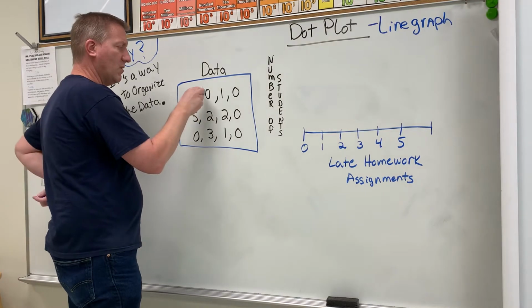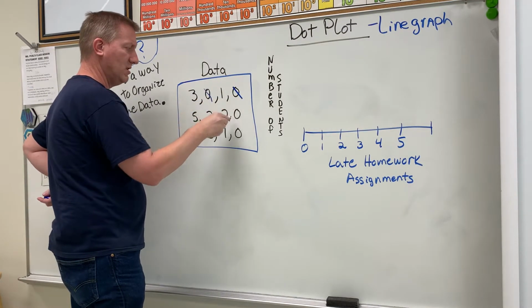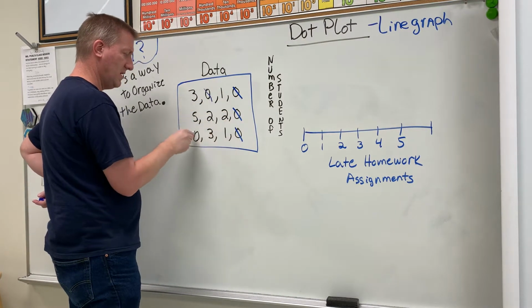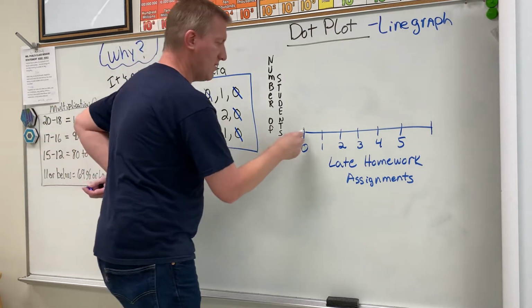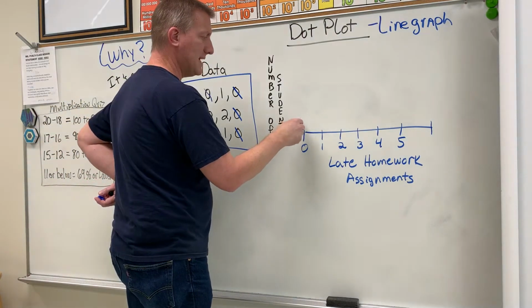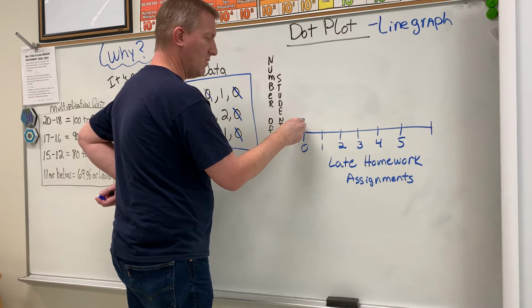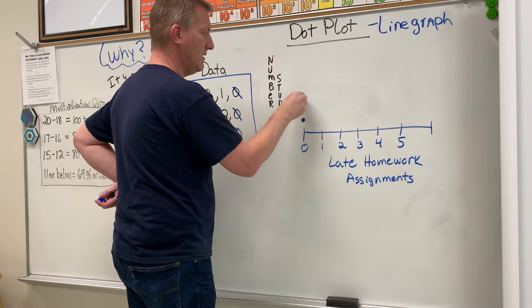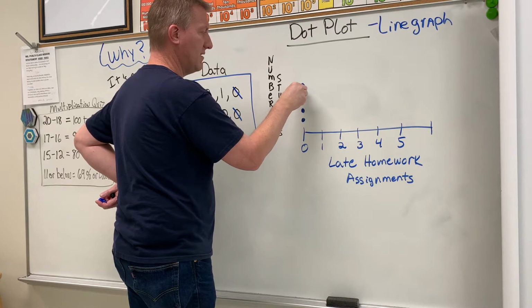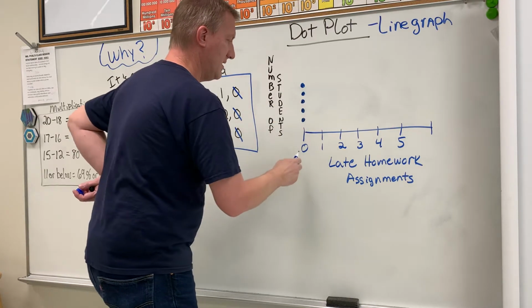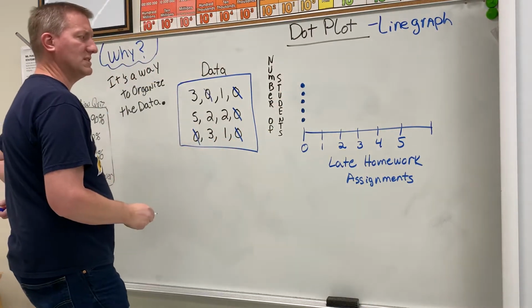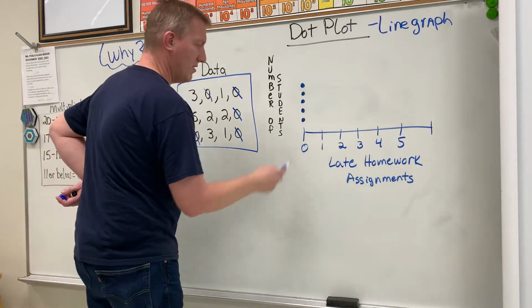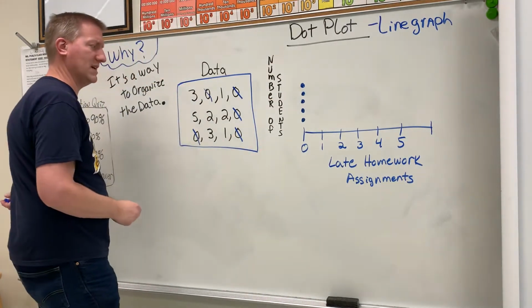So I'm gonna go 1, 2, 3, 4, 5. So I'm going to come over here, and instead of making a bar graph, I'm just going to go 1, 2, 3, 4, 5. Okay, 5 students have 0 late homework assignments.